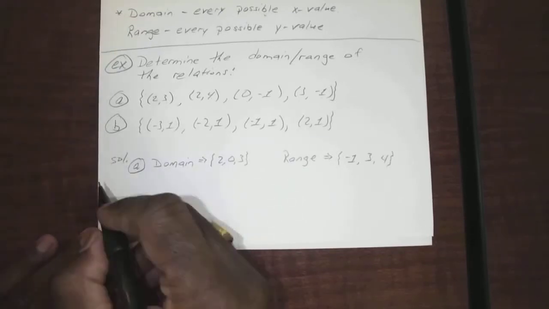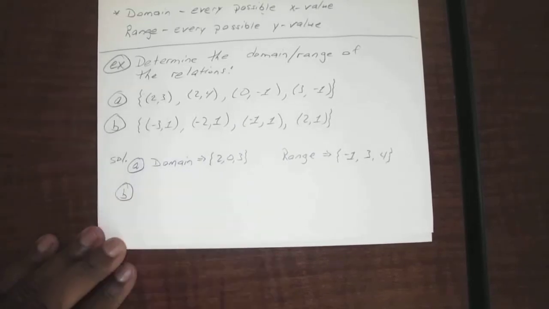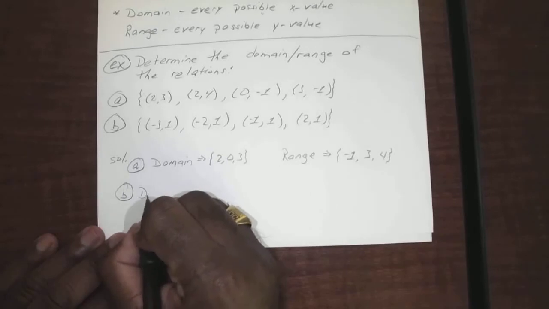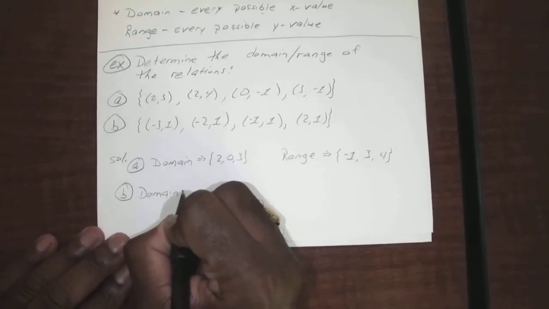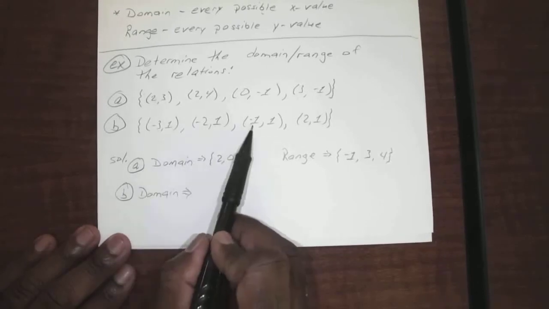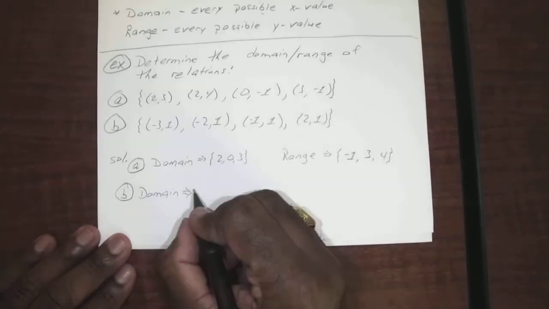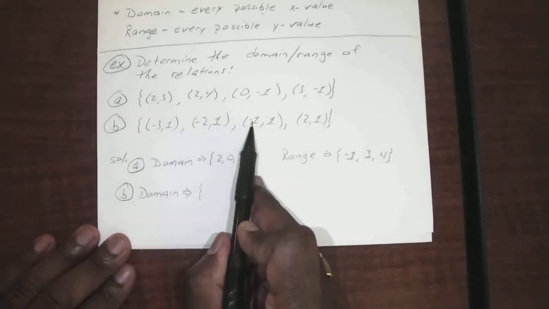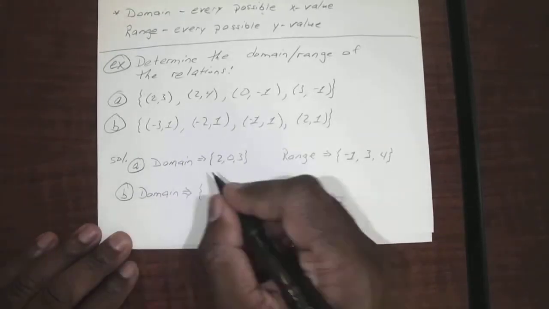All right, so let's do a quick example for B. Your domain for B, remember, that's every x value. So that's -3, -2, -1, and 2.